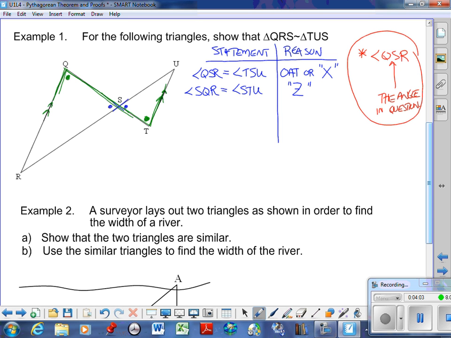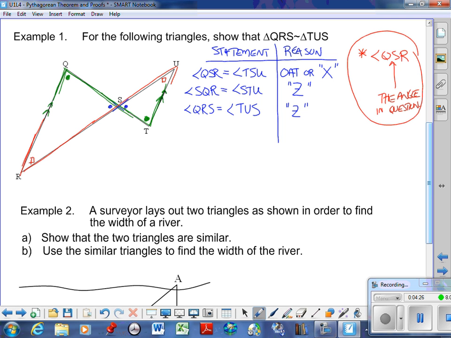Finally, for my last set of angles here, change to the third color. I know that these two angles are going to be the same, and it's the same reason that we had above. So angle QRS is equal to angle TUS because of the Z pattern.